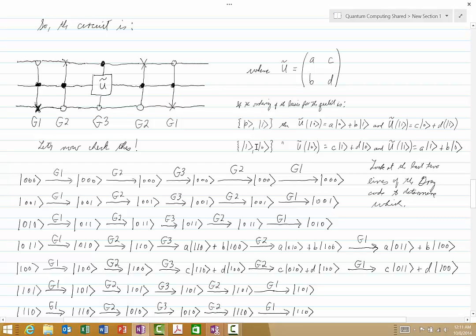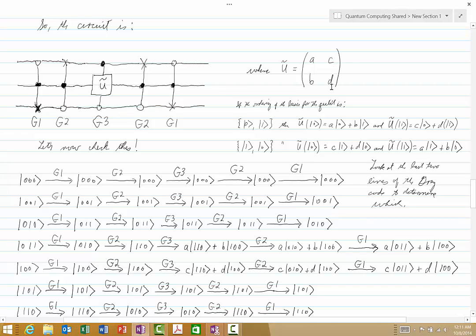But if the ordering of the basis is 1, 0, then that means that this is the image of 1, and this is the image of 0. And furthermore, the first entry is 1, and the second entry is 0.